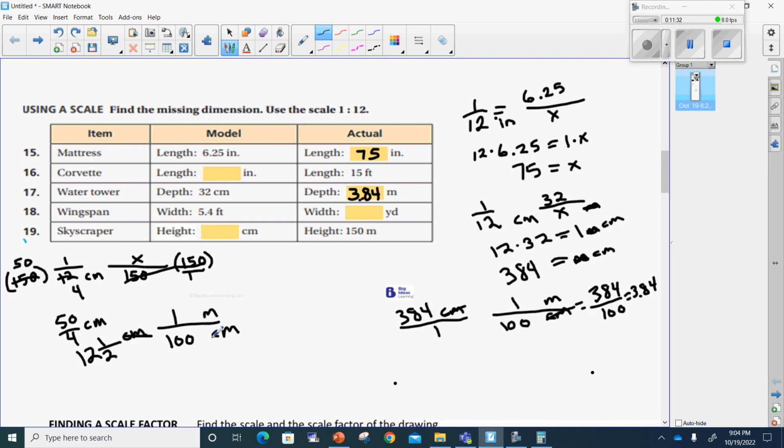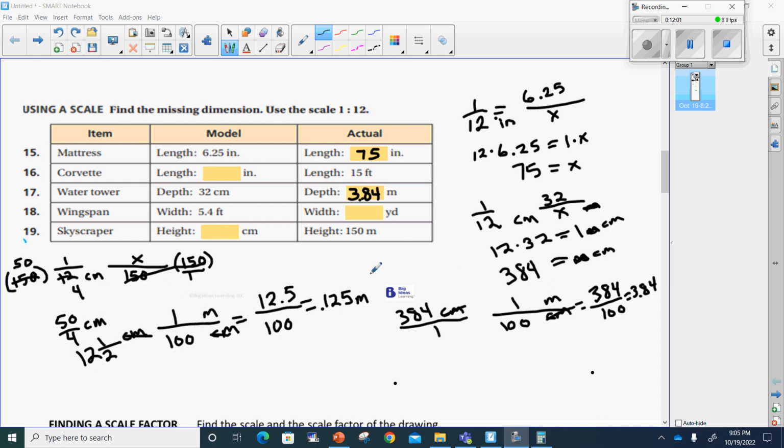When I take out the centimeters, this is going to give me 12 and a half times 1. So that'll be 12.5, right, over 100. When I do that, that's going to equal 0.125, and that would be meters.